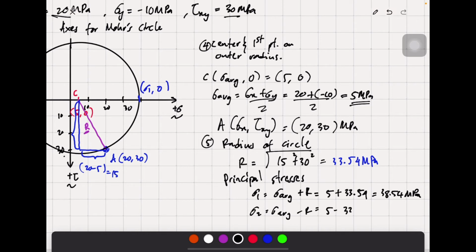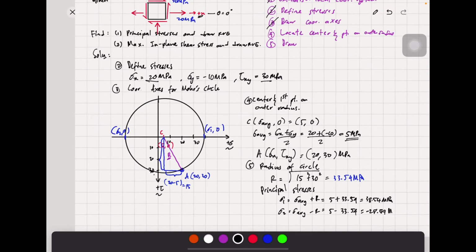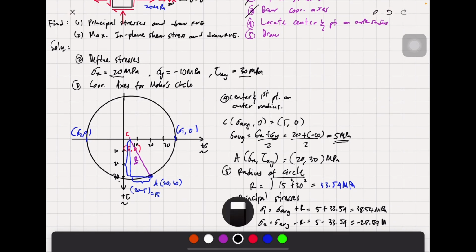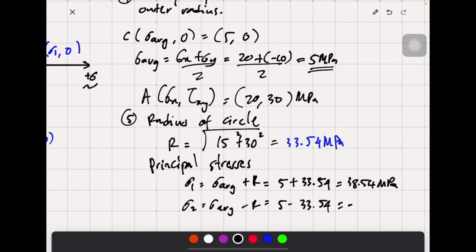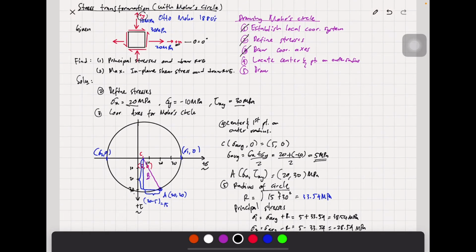Alright, and sigma 2 is equal to sigma average, this time minus the radius. 5 minus 33.54 megapascal gives you negative 28.54 megapascal. So we have those values.